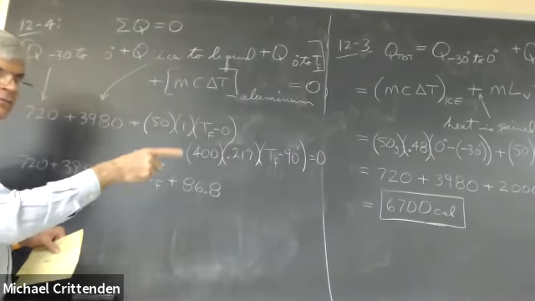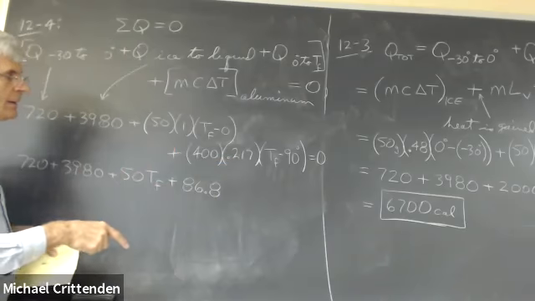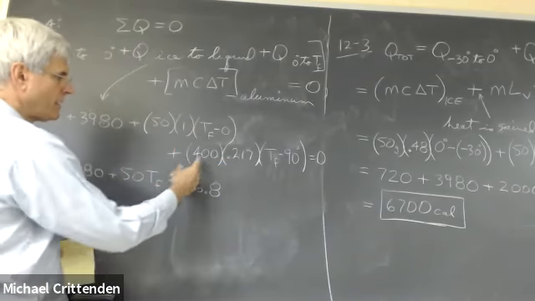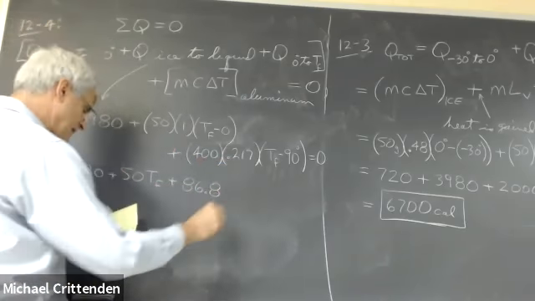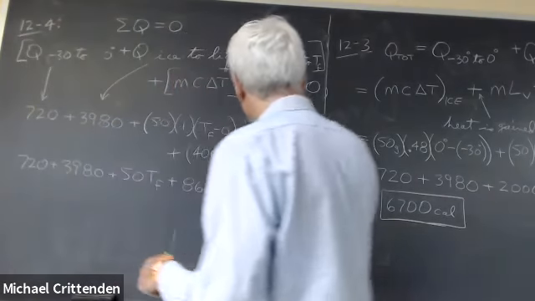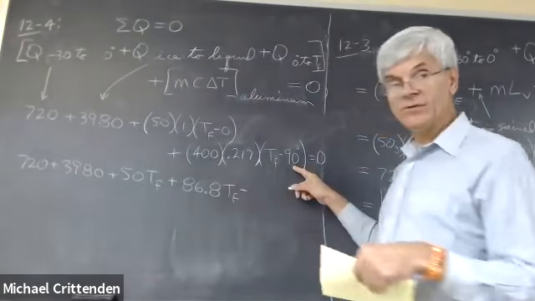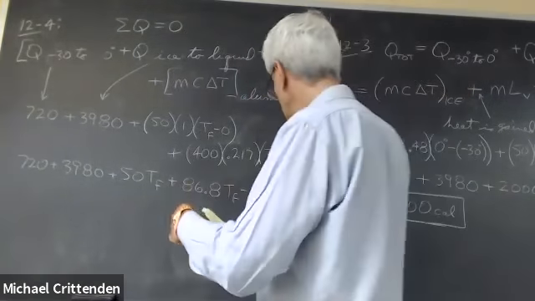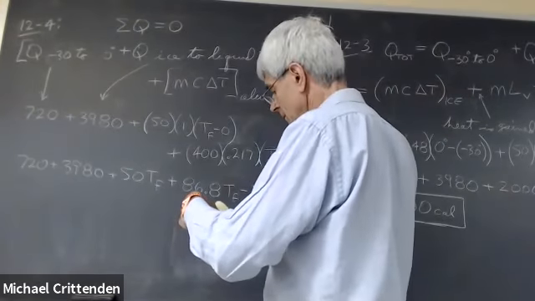And you have to distribute that 86.8 across both terms. 86.8 times T, 86.8 times 90 equals 7812.